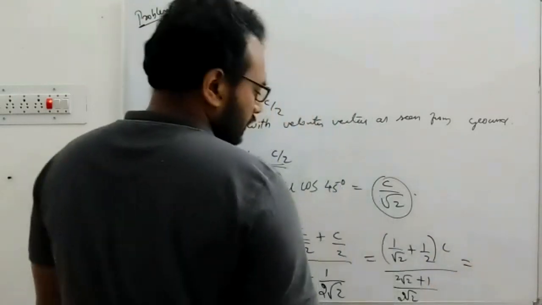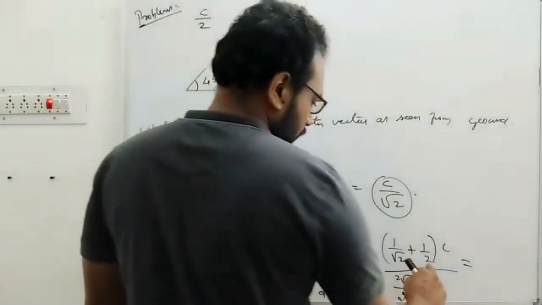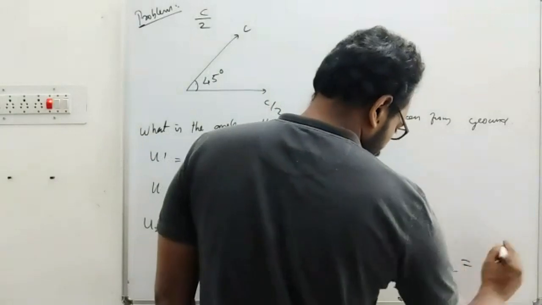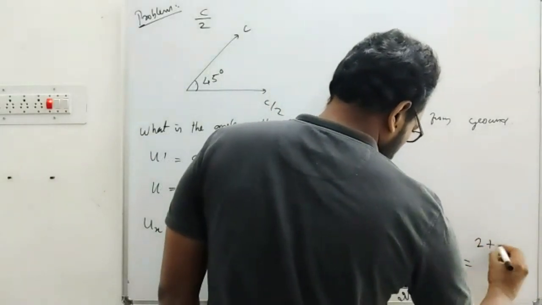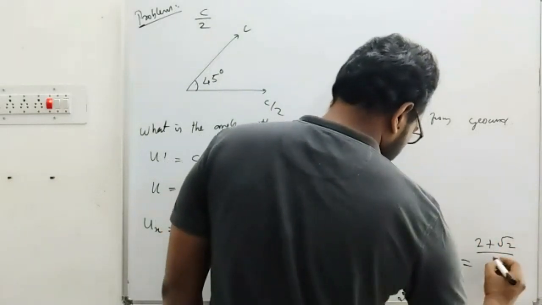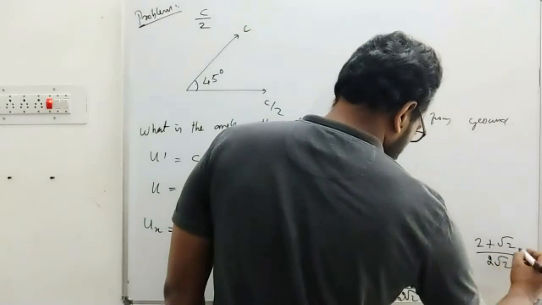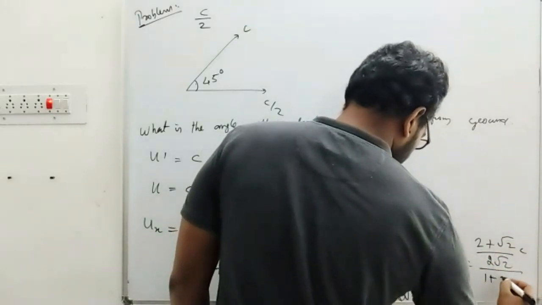So that is equal to (2 plus root 2) divided by 2 root 2, c, divided by 1 plus 1 divided by 2 root 2.